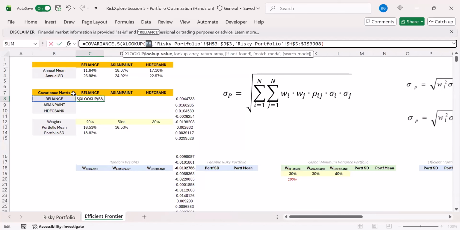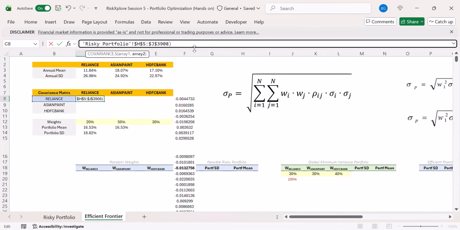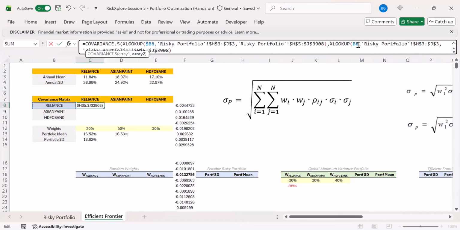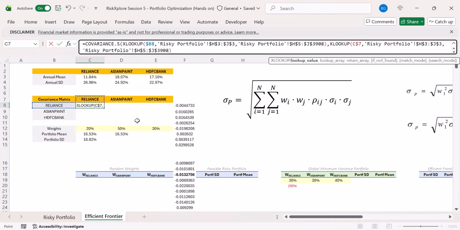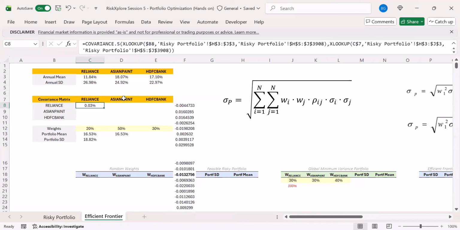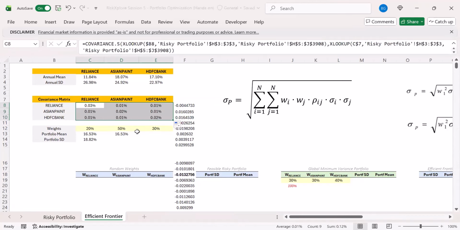Now we are looking up Reliance Industries here, and we have to fix the column here. Comma. Similarly, along with it, we are trying to pair Reliance Industries from the top here. So we will select this, press F4 key to fix the row. Once we have that, press enter. We can now simply drag it across and drag it down.